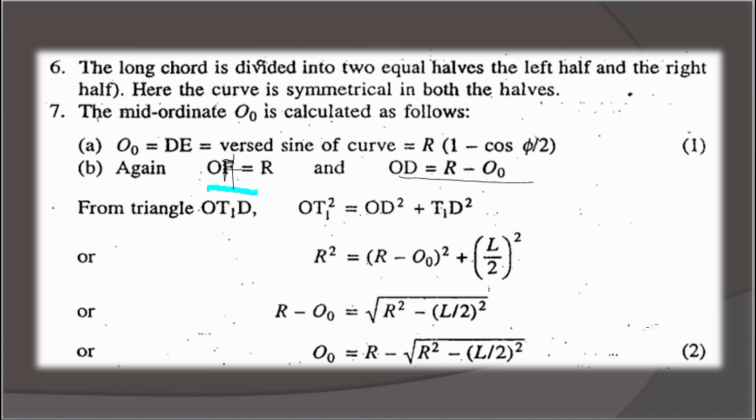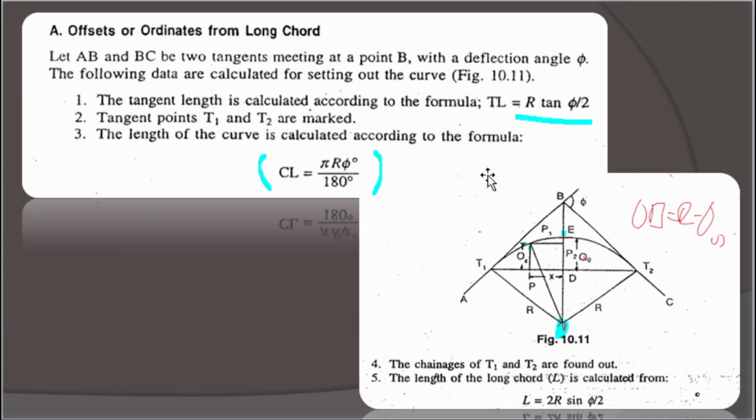From the triangle that we have here, triangle OT1D, this is the big triangle found here. This is the distance OT1. We can write that here, the red one.